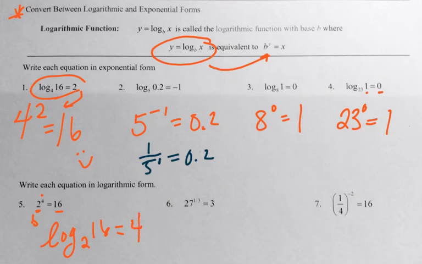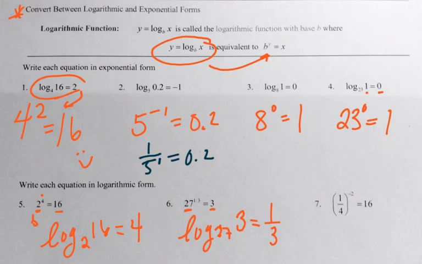Same thing here. This would be log base 27. The value that it's equal to goes here, and the exponent is what it's equal to.